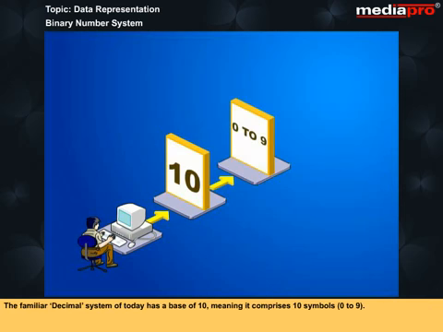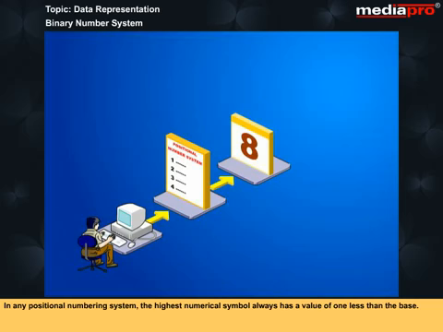The familiar decimal system of today has a base of 10, meaning it comprises 10 symbols which are 0 to 9. In any positional numbering system, the highest numerical symbol always has a value of 1 less than the base. Hence, the decimal system's highest value is 9, which is 1 less than the base 10.